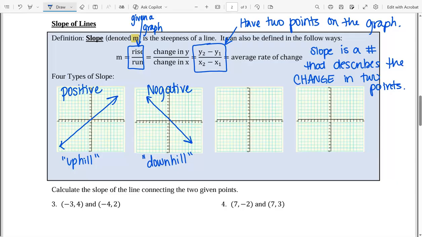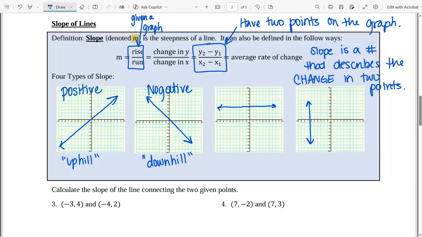Now there are 2 other situations. Sometimes I can have a line going straight across, or straight up and down. And these are 2 very special cases.